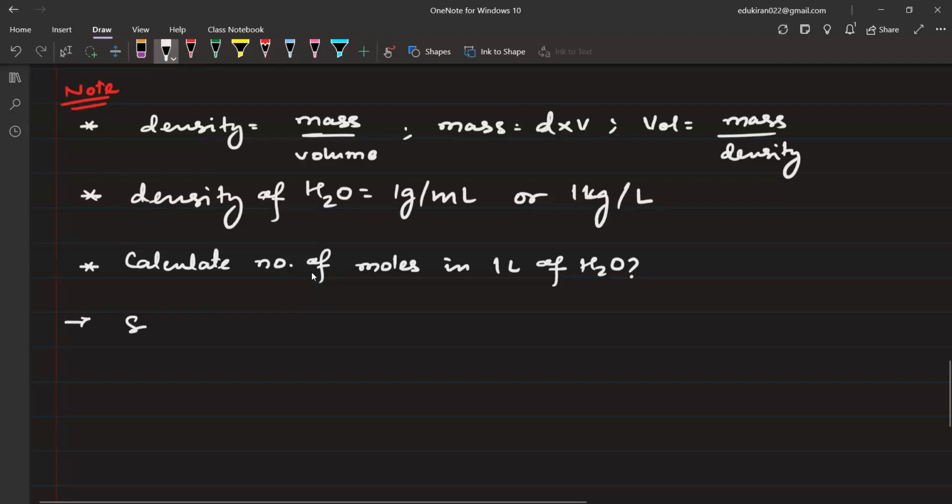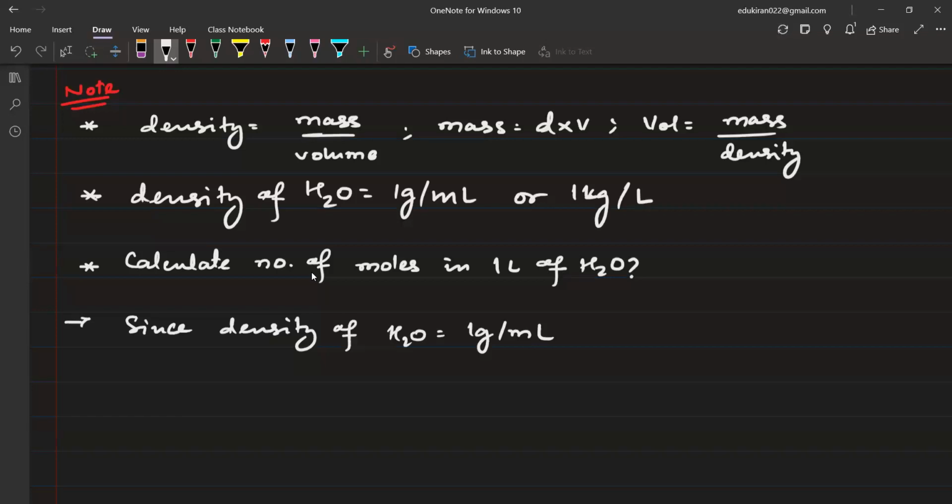Since density of water is equal to 1 gram per ml, if you multiply 1000 above and 1000 below, you get 1000 grams per liter. So 1000 grams present in 1 liter. Therefore, you want to calculate the number of moles in 1000 gram of water. So the given mass of water, W, is equal to how much?